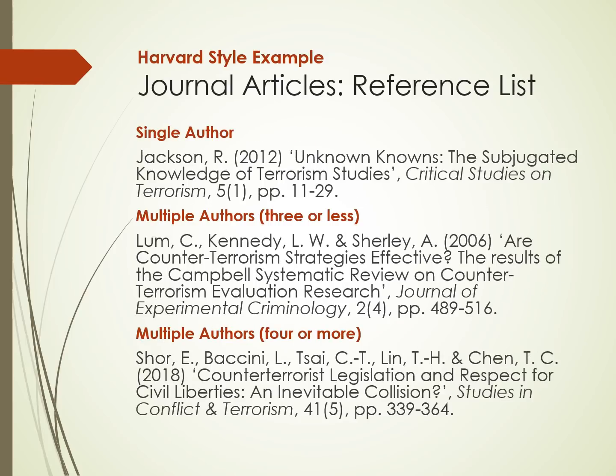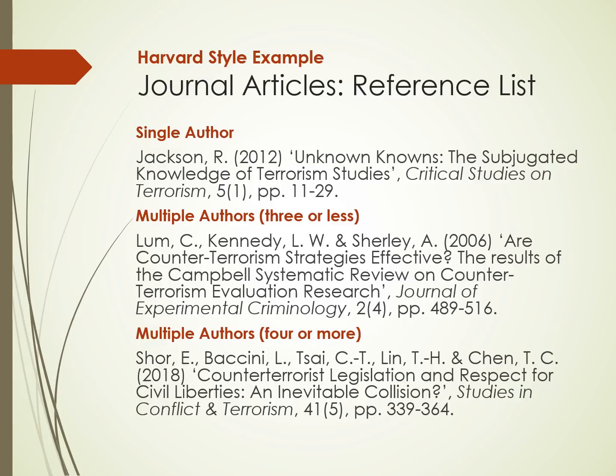Now, we can use shorthand like Shore et al. because in-text citations within the Harvard referencing style are really just brief shorthand indications that we got this idea or this piece of information from a particular author. And so you link up the in-text citation with the reference list. And in the reference list, we have the whole host of bibliographic information that's required.